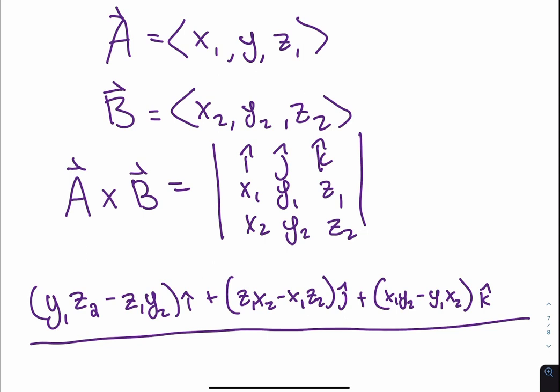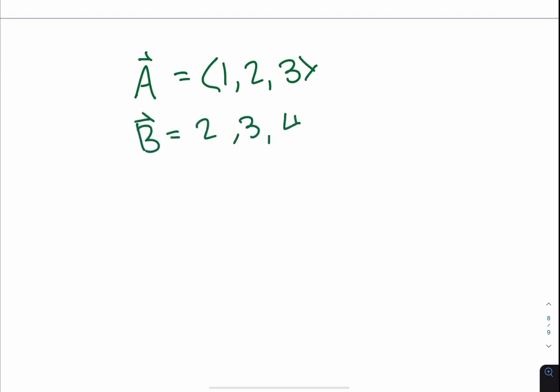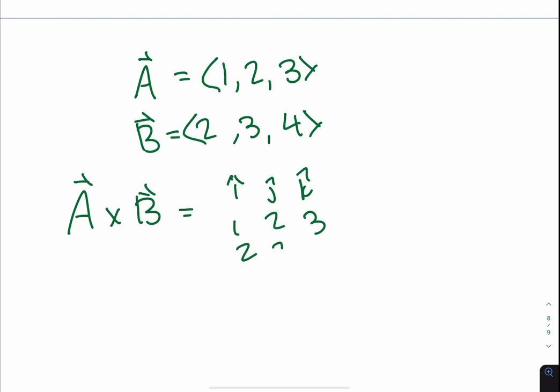Let's do an example. Let's say vector A is 1, 2, 3, and vector B is 2, 3, 4. A cross B will be this determinant.